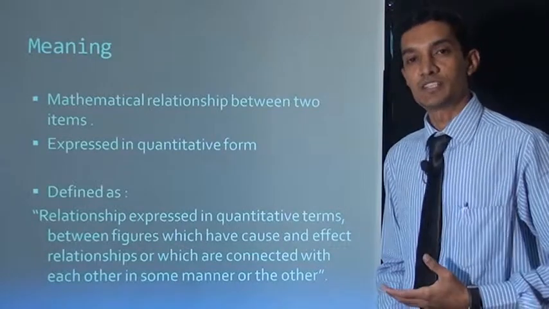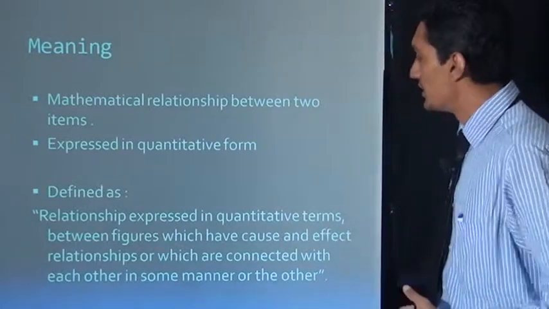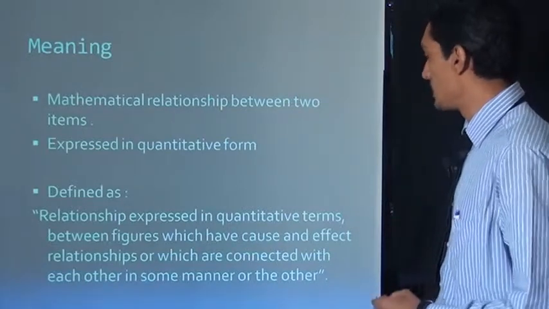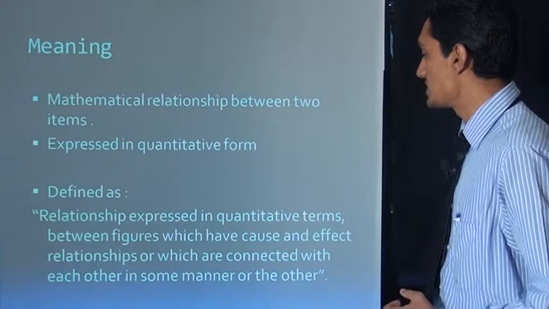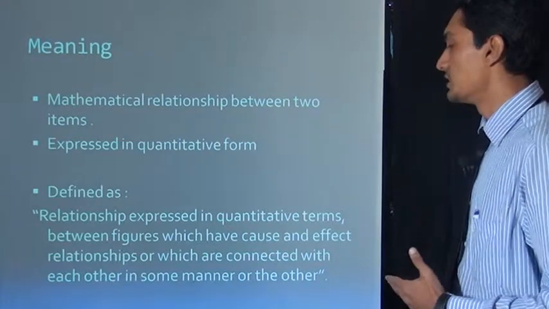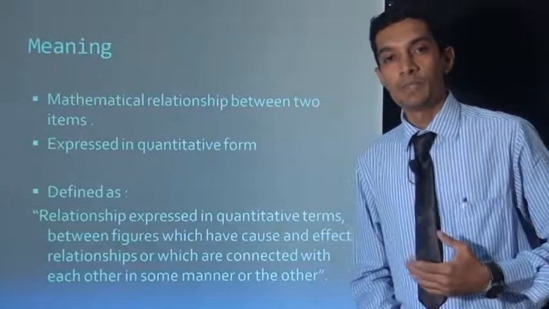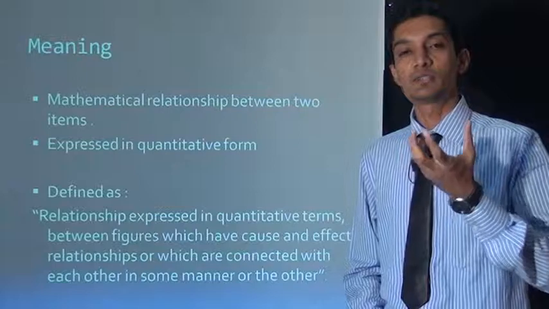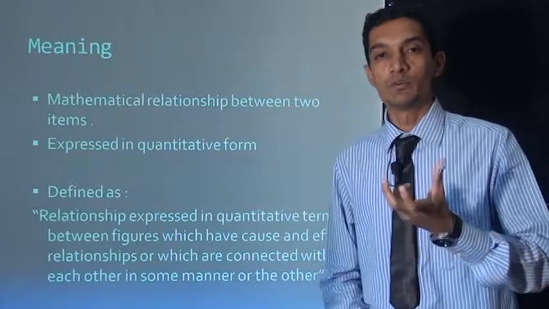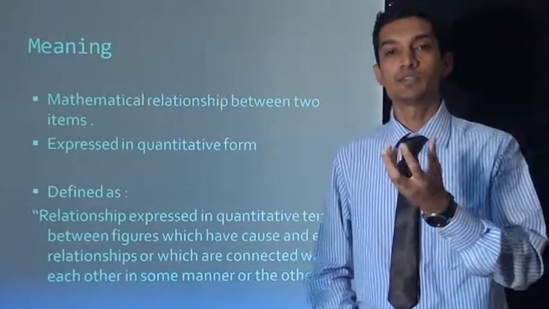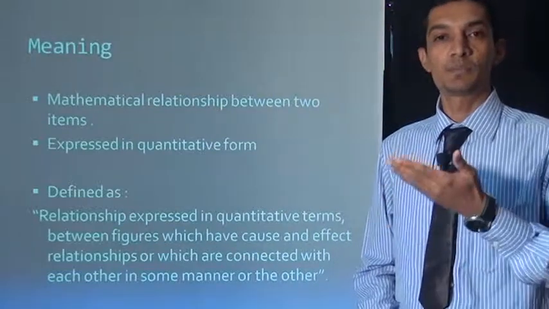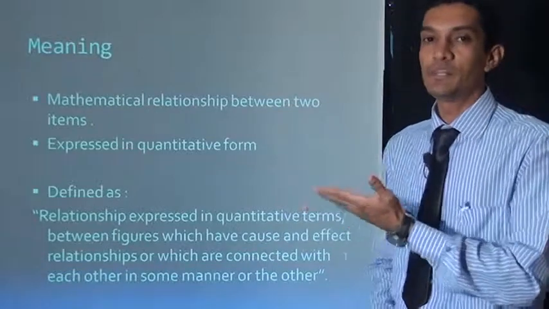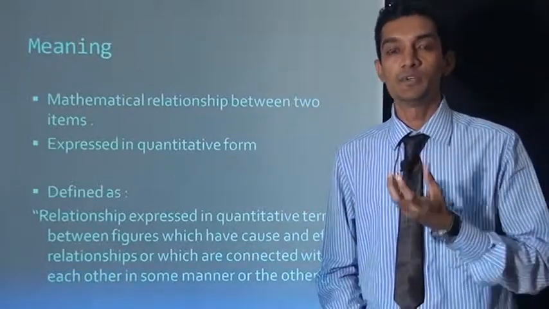Now this is the definition given here. What is a ratio? Relationships expressed in quantitative terms between figures which have cause and effect relationships or which are connected with each other in some manner or the other. It means the figures show a comparison between two items. Suppose in percentage terms company A has a ratio of 10%, and the next company B has a ratio of 12%.